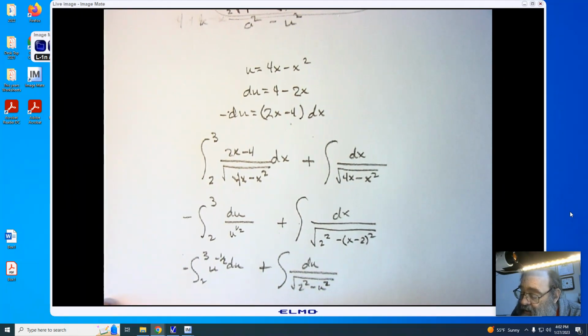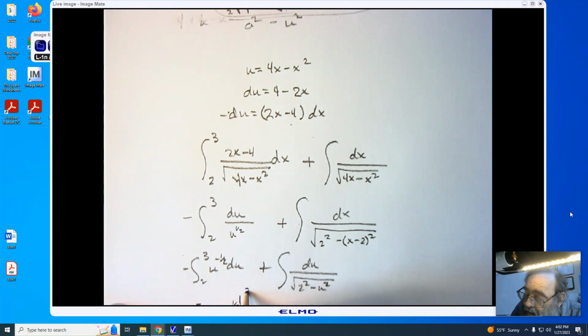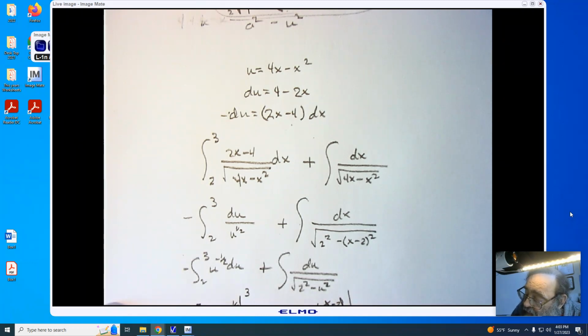I'm going to have negative 2 times the integration of my u, which is 4x minus x squared, to the square root power, that's the 1/2 power. And we are looking at from 2 to 3, plus we have the arc sine of u over 2, and here the u turned out to be x minus 2, and this is still from 2 to 3.